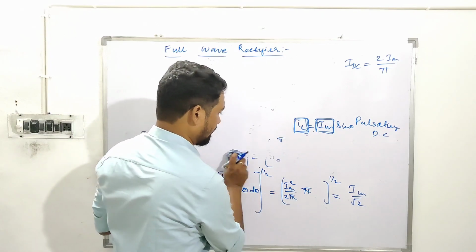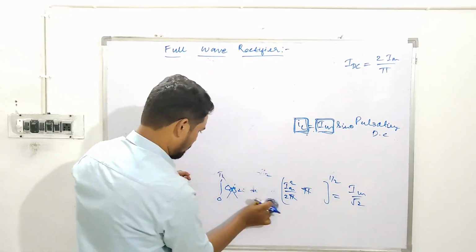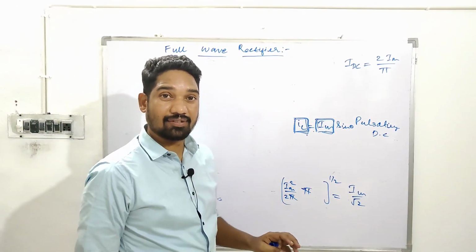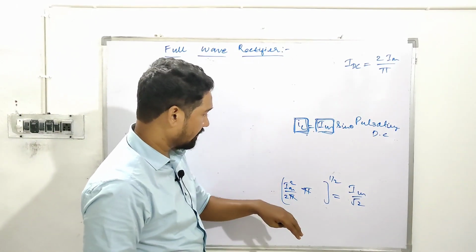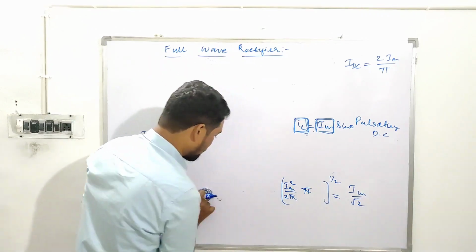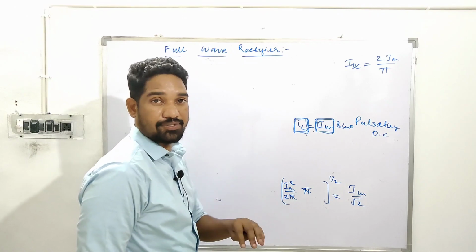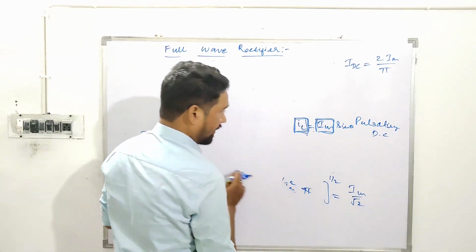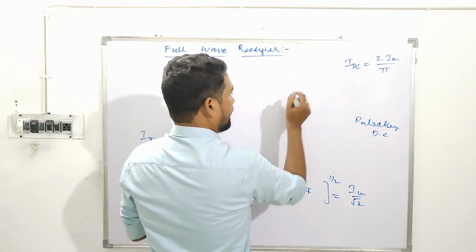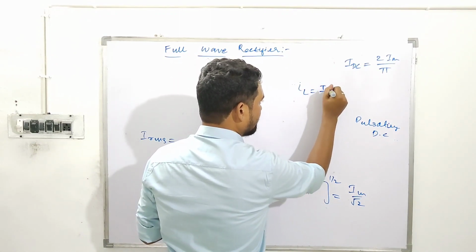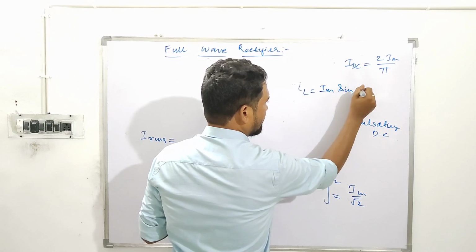We have a reason for that one. What nonsense is he talking? No, I'm not talking nonsense, there is a reason for that. It comes into the discussion when we evaluate the ripple factor for filters. Once again I repeat, we have current IL equal to 1 times Im sin theta.